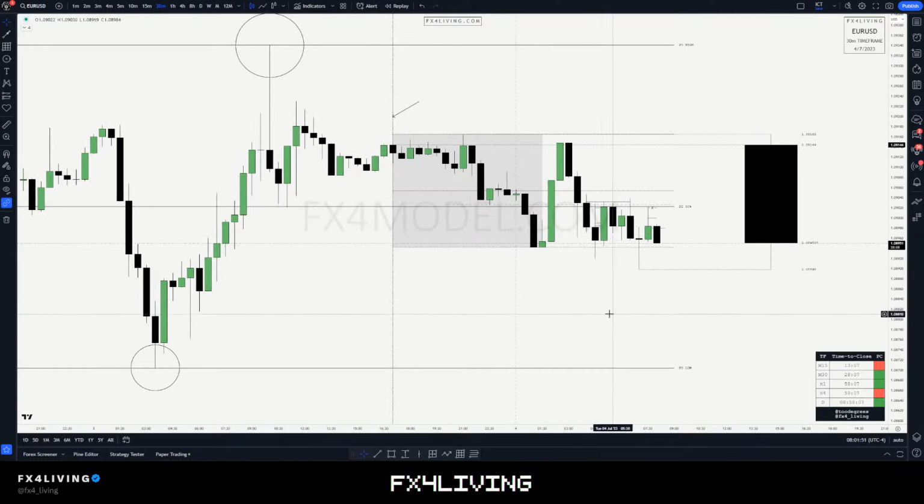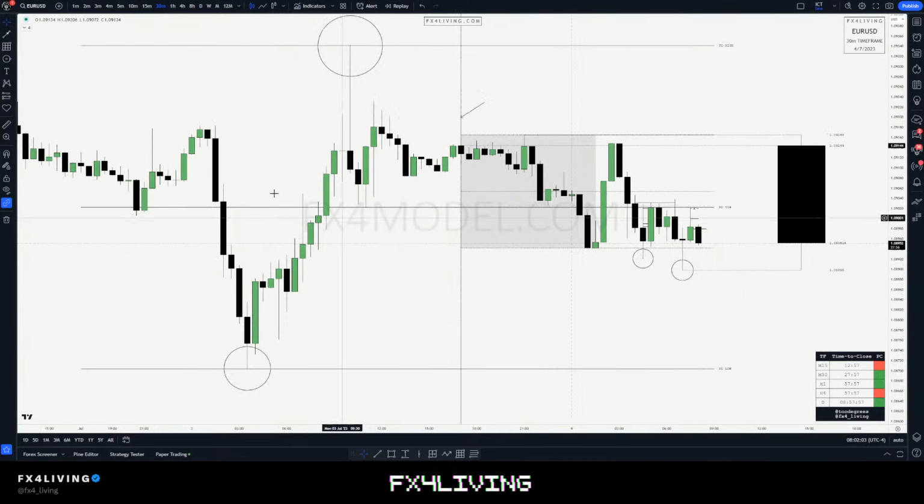And what I want to see, usually, is a reaction from this range. Like, I want to see a low taken out or something. But not even that. This is your previous daily high and low, premium and discount, right? This is logic. This is your high, this is your low.